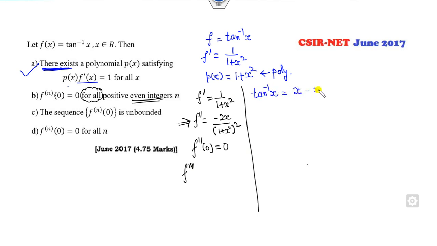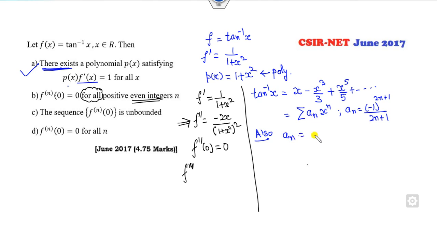What is the series of this? x minus x raised to power 3 over 3, plus x raised to power 5 over 5, and so on. So I can write this series as the sum of a_n x^n, where a_(2n+1), if you compare, is minus 1 to the power n over 2n plus 1. Also, we all know the relation between the coefficient of the power series and the derivative: a_n is the nth derivative at the point 0 divided by n factorial. This is the rule.